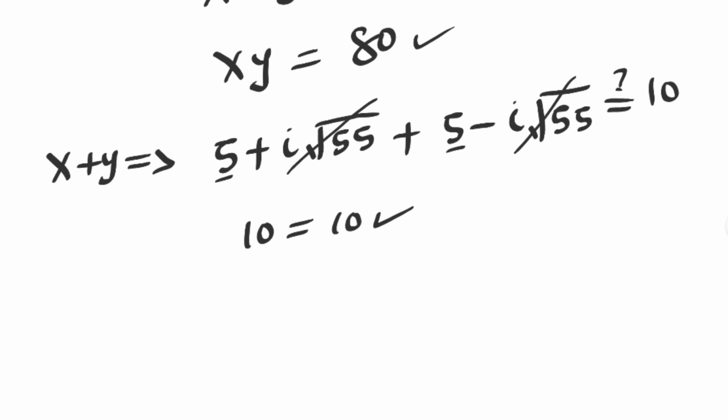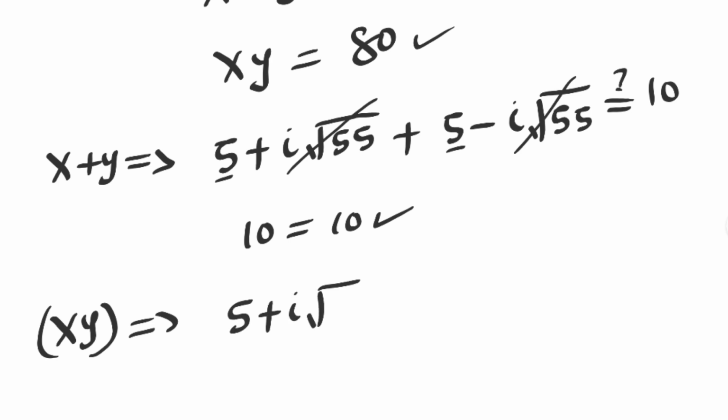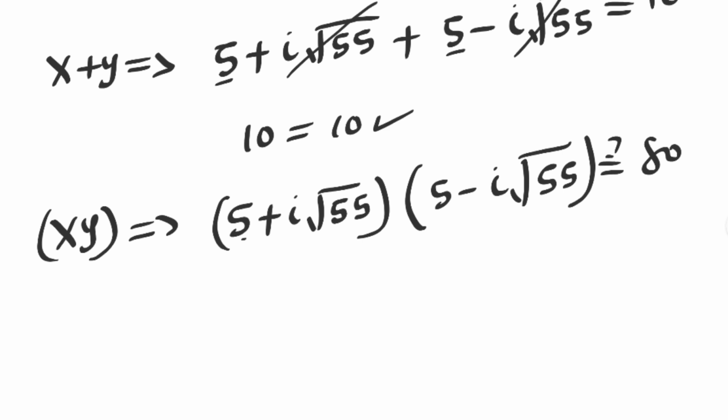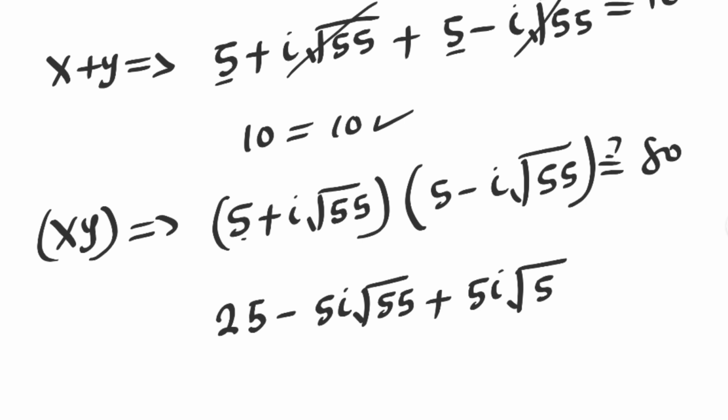Let us consider this. xy is 5 plus i square root of 55 multiplied by 5 minus i square root of 55, must be equal to 80. 5 times 5, 25, minus 5 times i root 55, 5i square root of 55, plus i root 55 multiplied by 5, 5i square root of 55.